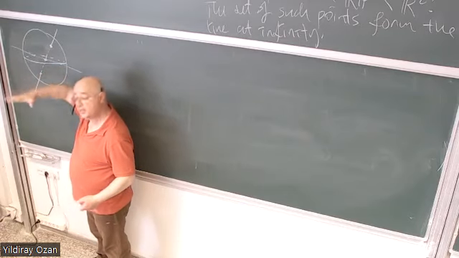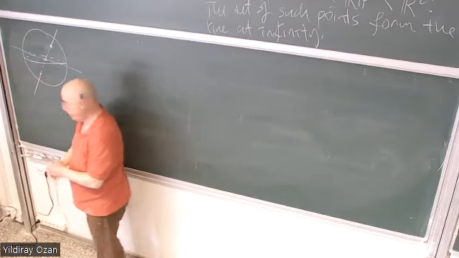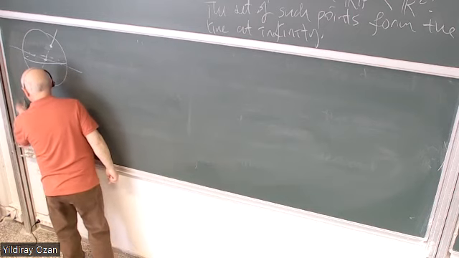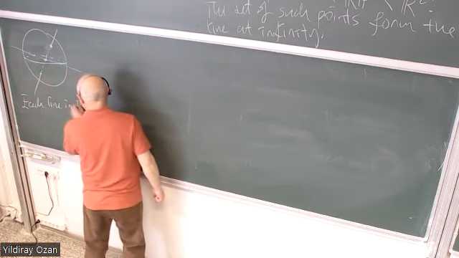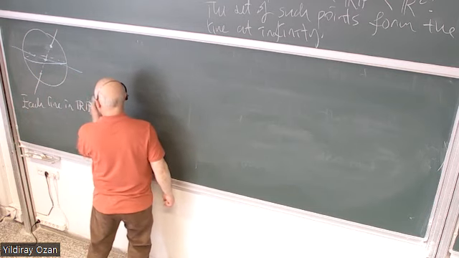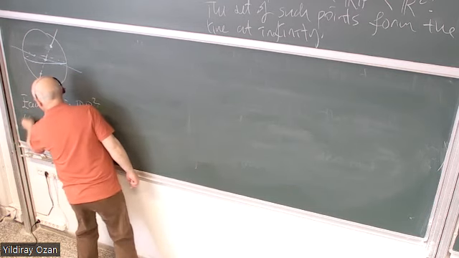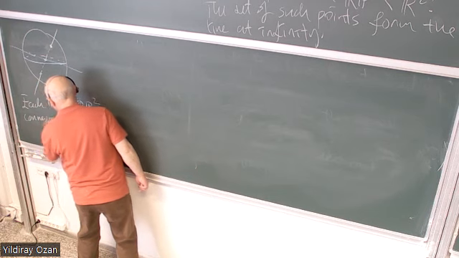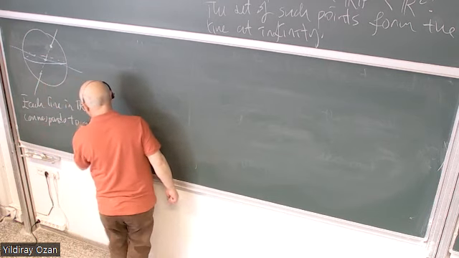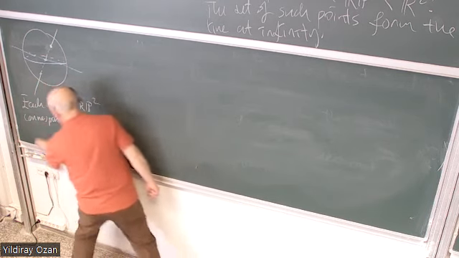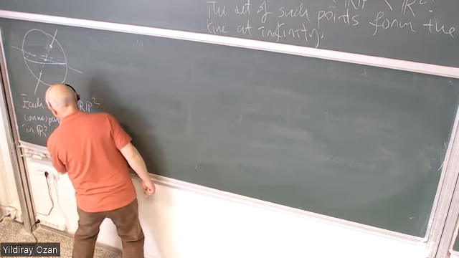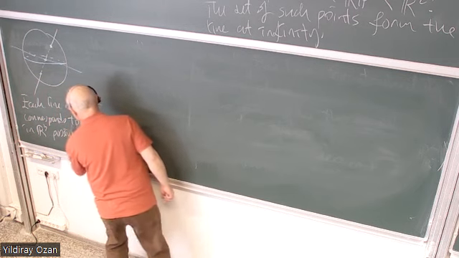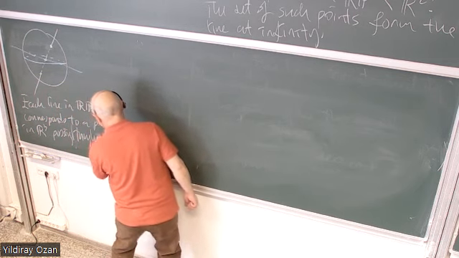Sonsuzdaki doğru da x, y düzlemine denk geliyor. Each line in RP2 corresponds to a plane in R3 passing through the origin.